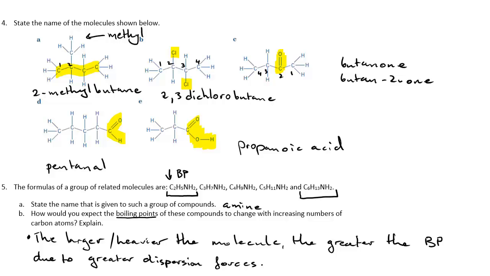You can give that as an example depending on how many marks this is worth, but it doesn't state that. Whereas this is an increased boiling point because it's just larger, it has more atoms, and the dispersion forces are going to be more significant.